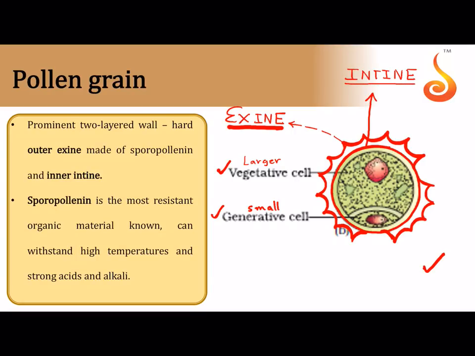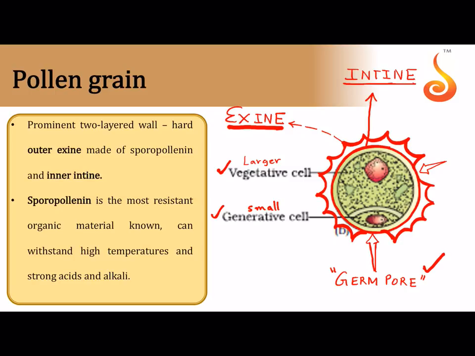Why are we calling this a continuous layer? Does it mean that the exine is discontinuous? Yes. Can you see these areas where exine is missing? See, exine is absent over here. Here also exine is absent. Only intine is there, but exine is not there. Such areas are referred to as the germ pores.